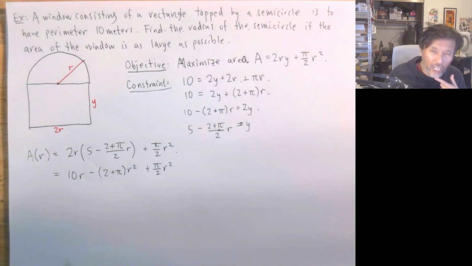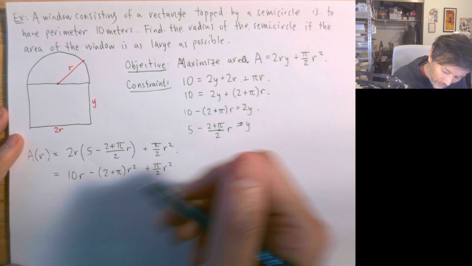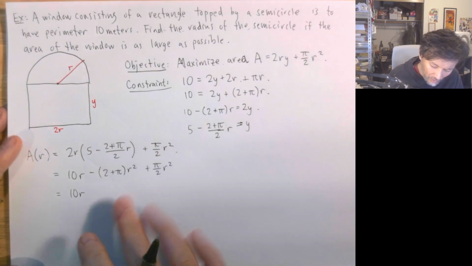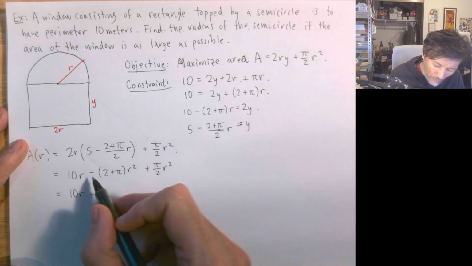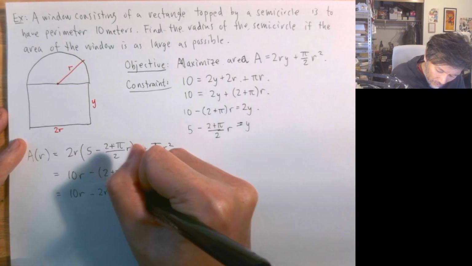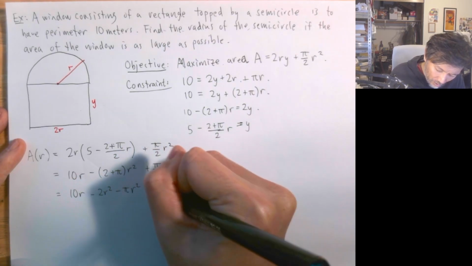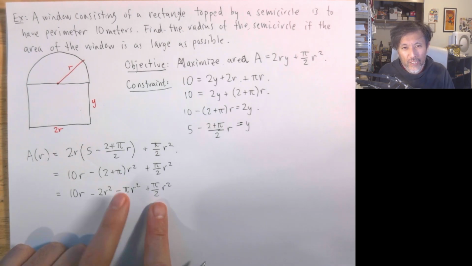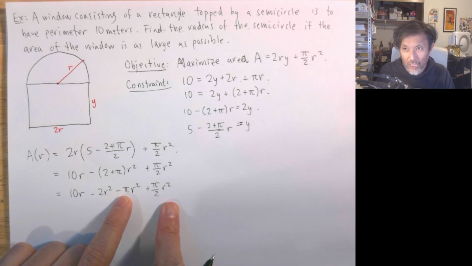I'm noticing that I have a common factor of r squared happening here. So maybe what I will do, do I care? Whatever. I can't tell if it's of any usefulness in actually doing this. So what I'm going to do is distribute the minus and the r squared. So I get minus 2r squared minus pi times r squared plus pi over 2 times r squared. And then I'm looking at these two terms here. This is a full negative pizza. That's half of a pizza, positive half of a pizza.